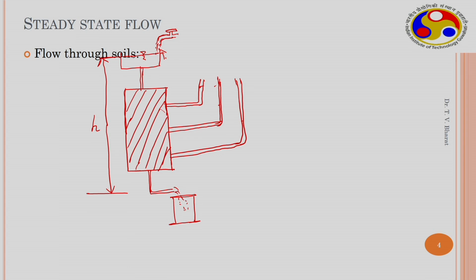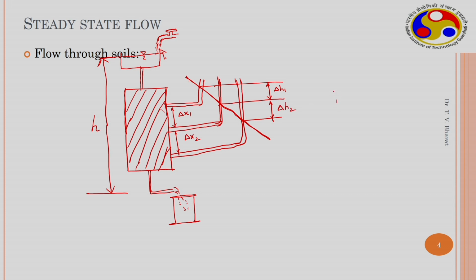You see that there is a linear variation of head with depth. For example, this variation is delta x1 and this is delta x2 where the manometers are located, and this is delta h1 and this is delta h2.